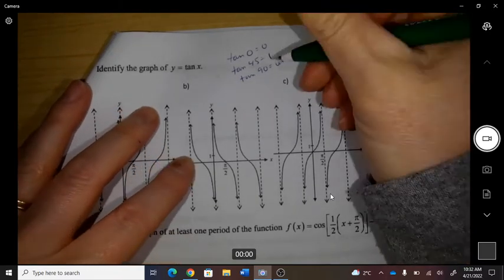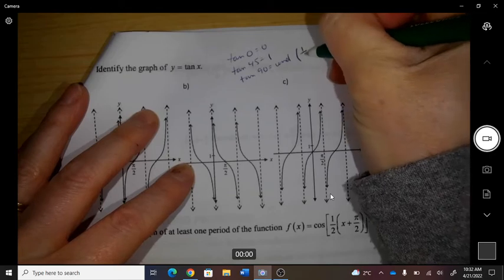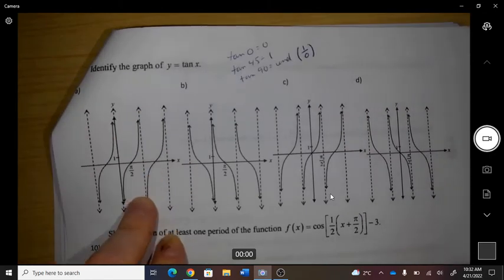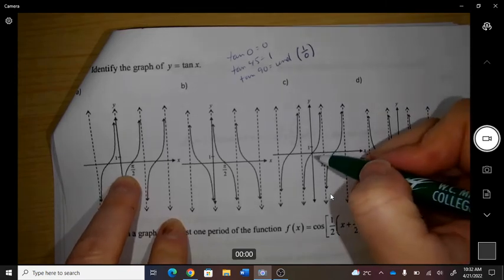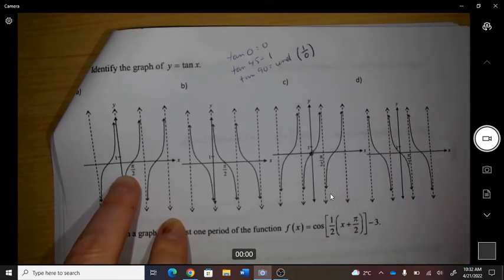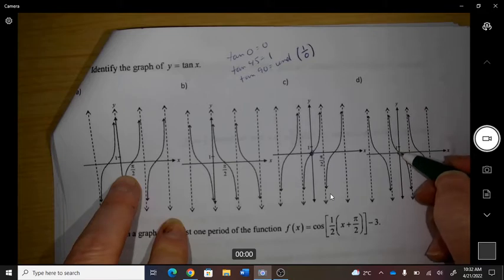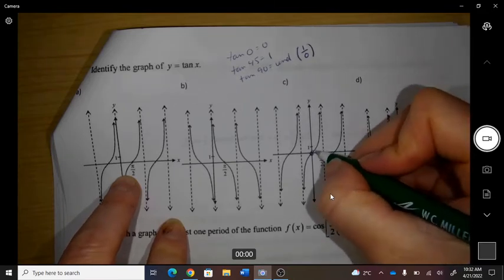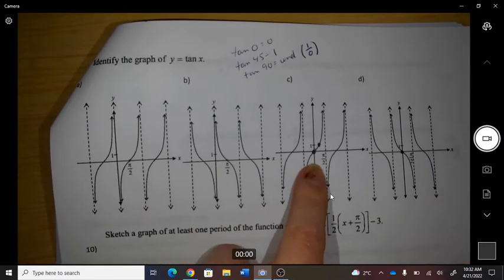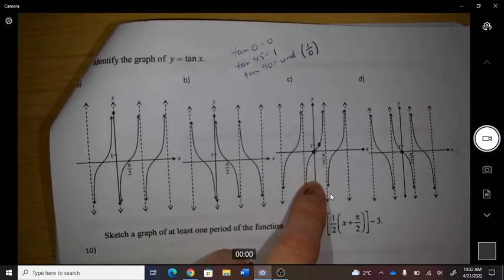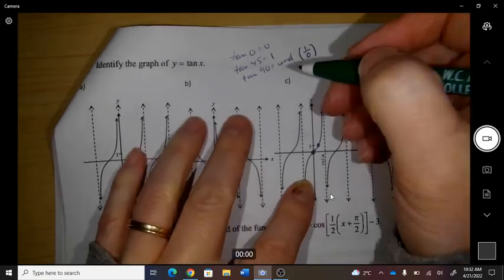Because the tan value, remember, is the y divided by x. So we need the origin, so this one, or this one, but the tan of there and there. This would be the graph that we're looking for.